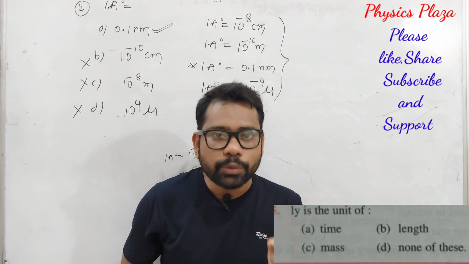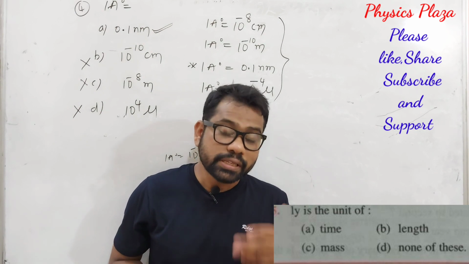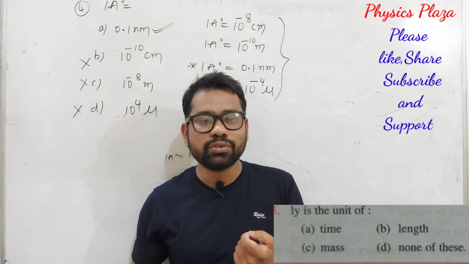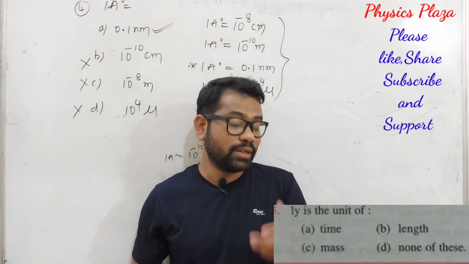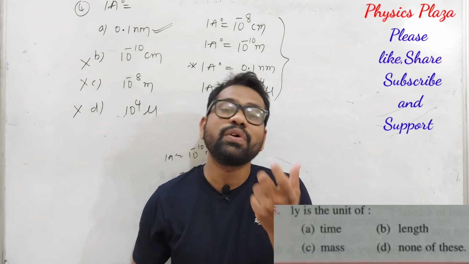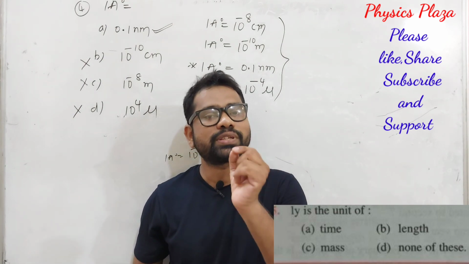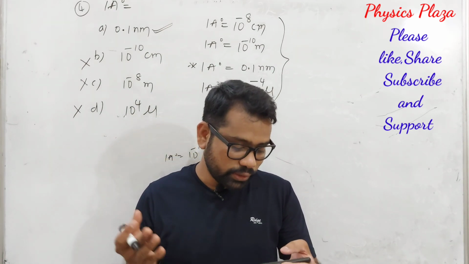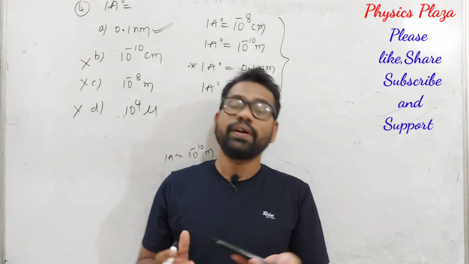The distance traveled by light through a vacuum in 1 year is called a light year, which is equal to 9.46 into 10 to the power of 15 meters, or you can express it in kilometers also, 9.46 into 10 to the power of 12 kilometers. So option B is right. Light year is a unit of length.